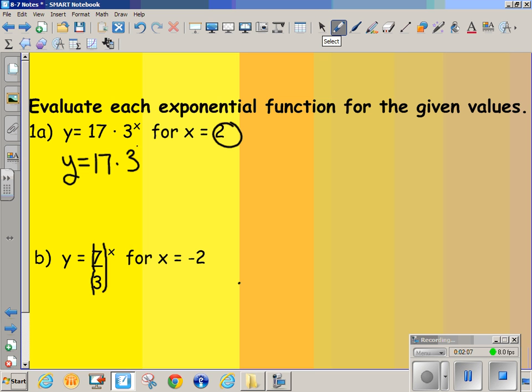We know that order of operations tells us to do our exponent first. So now we end up with 17 times 9, which is 153.